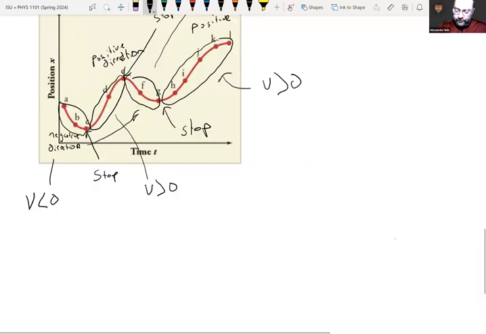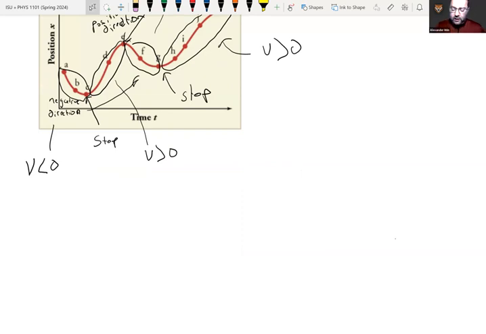But what we could do is plot an approximate velocity versus time graph. We actually need to let the velocity go negative in this case. Like we said, it started in the negative, so the velocity is negative. And then the velocity got less and less negative until it got to point C, where a stop occurred.